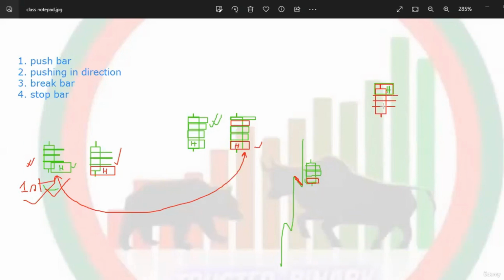If we compare this push bar with this one, both are push bars, but when the power of control is in the seller's hand, that is the perfect situation, and this is the strong situation by the seller side. Volume is high.